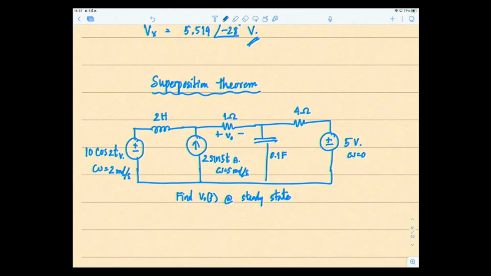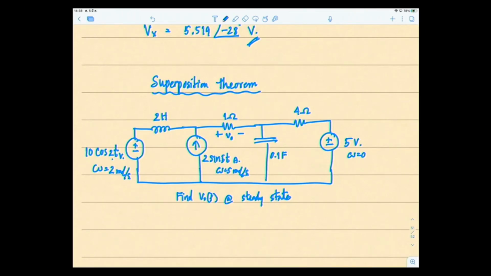If you somehow forget what I just said, and you come to a problem and wonder, I have j omega L to find the impedance, which omega do I use, 2 or 5? Whenever you have that doubt in your mind, you have to think that I have to do it separately, at one time omega equal to 2, another time omega equal to 5. And hopefully it will ring a bell that I have to use superposition.